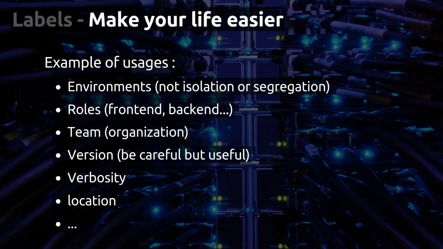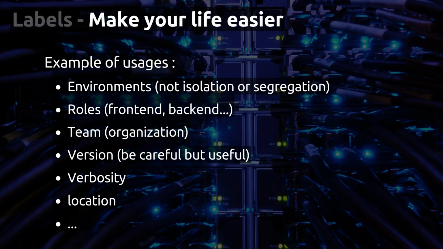Some ideas if you want to create some stuff: you can test it for the environment. It is really useful to use labels for that. That never creates isolation or segregation for your network or security side, but it is useful to list elements and to be sure that in your production you have only the things you intend to deploy inside production, and the same for development.